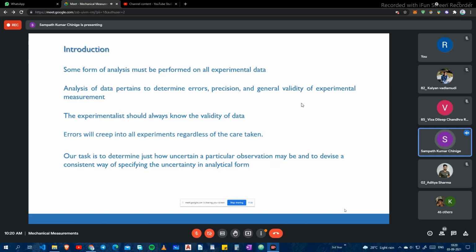Validation means you are doing an analysis to find the correctness of the data. Whether the data is repeatable or not, you have to look at it. Whether it makes sense, whether it follows the basic principles or contradicts the basic physical principles that we understand. All these things will come into the picture. If you got an experimental reading which is not at all following, for example, yesterday in our lab experiment, we have two things.